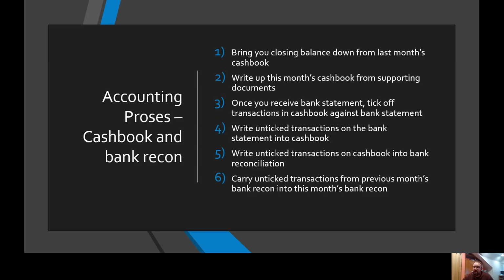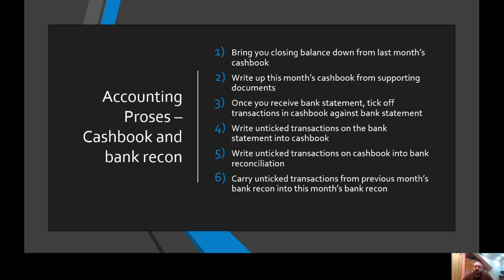But what happens where you've had a check issued to a client and it hasn't been banked by the end of last month? Now you check your bank statement for this month and it still hasn't gone through the bank. Then we need to carry that check forward onto this month's bank recon as well. I'm not going to write it into my cash book again, because that check is already accounted for in my cash book.